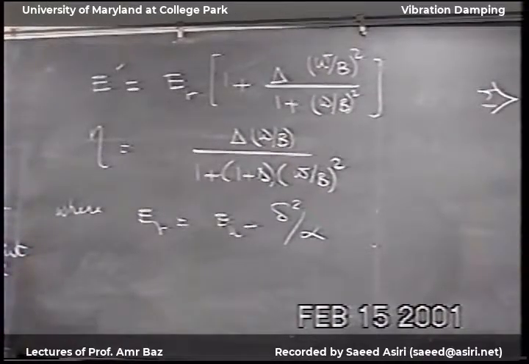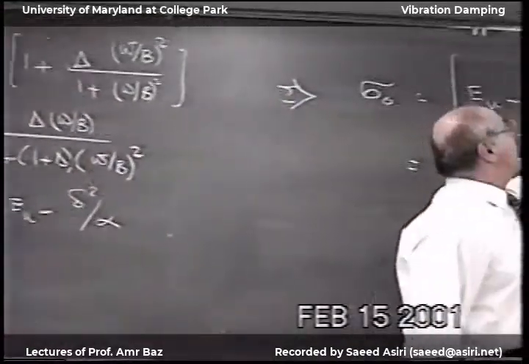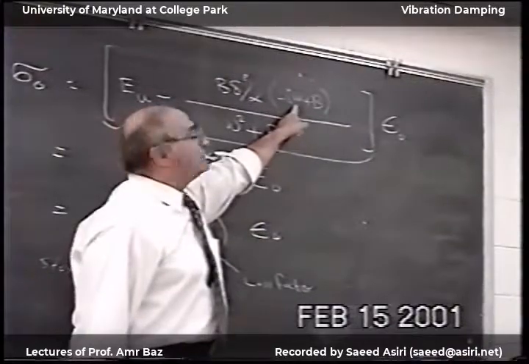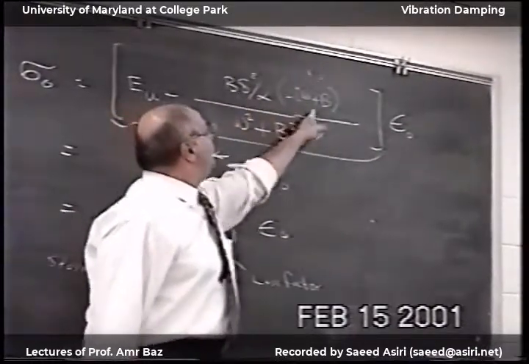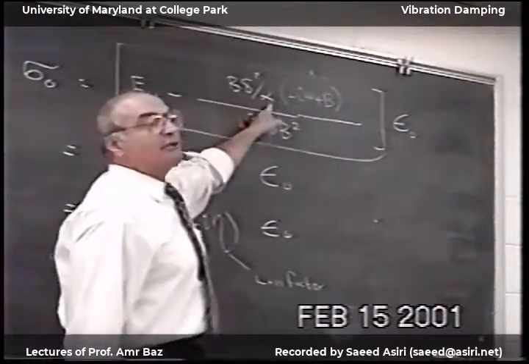And this comes from here. If I take this equation, put omega equal to 0, this term will disappear, this term will disappear, B squared cancels with B squared, and what is left is EU minus delta squared over alpha.